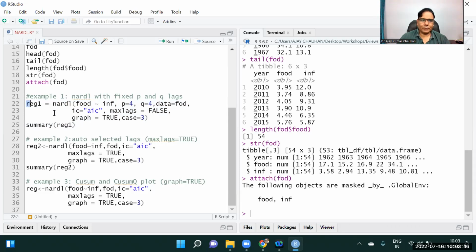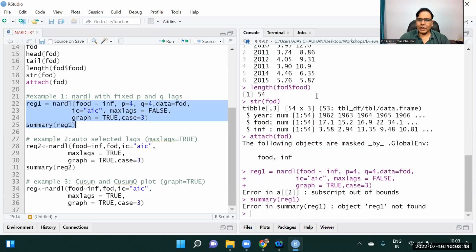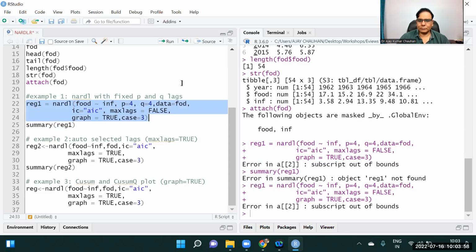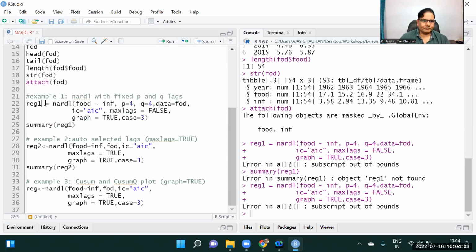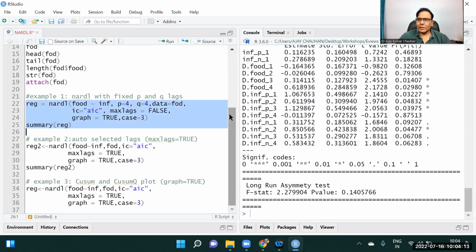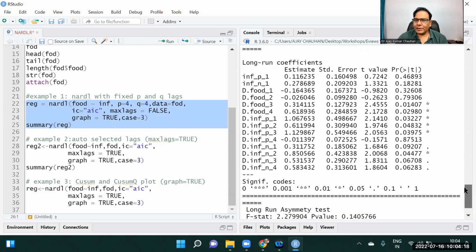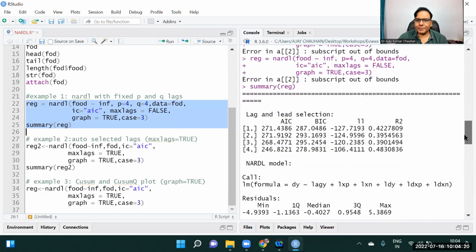And I'm running it. So this is the result. Actually, the software gives you so many results.